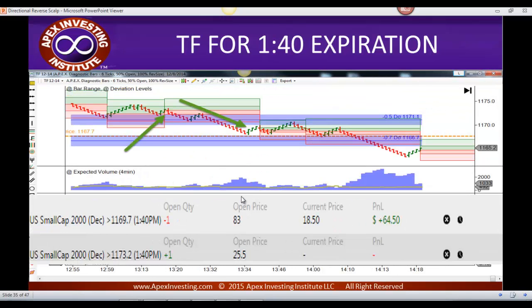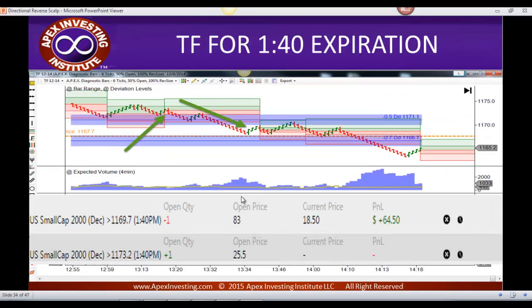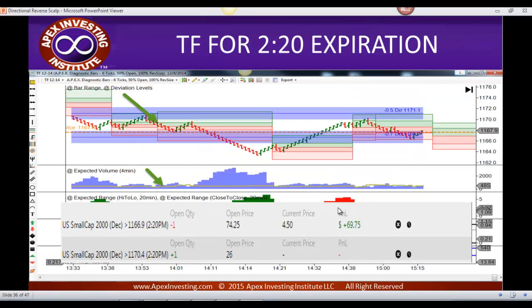So just to give you an idea here, you can see these time frames here. 1:20 p.m., 1:40 p.m. I missed the 2 o'clocks, did the 2:20. You see the example there. I sold for 79, bought for $20.50. When the market moved up, it was up there, would have gotten out. Another one at 2:20 on the Russell, bought for 74, or sold for 74, bought for 26.